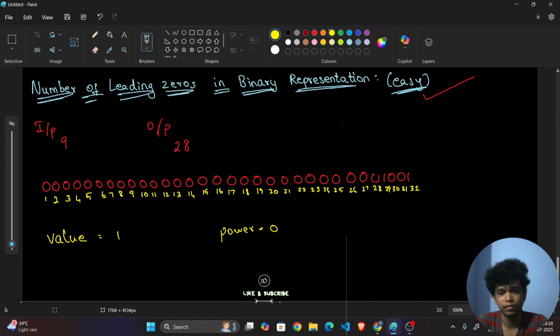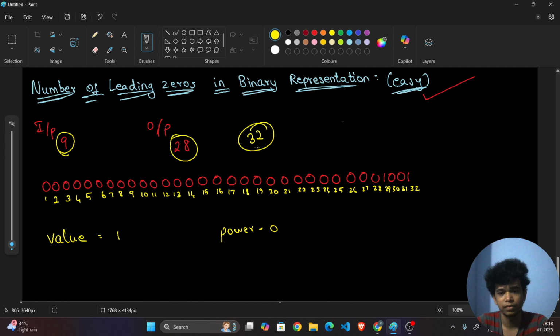See here, if the given input is 9, then I will return the answer as 28. Why? Because the number of leading zeros in the binary format of 9 is 28. This is the binary representation of 9. Basically, the binary representation will be of 32 bits.